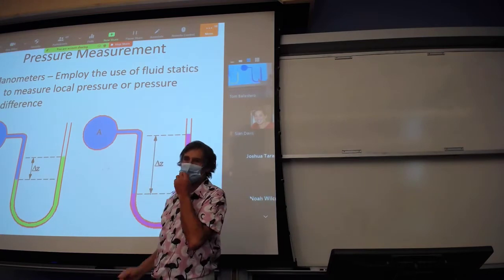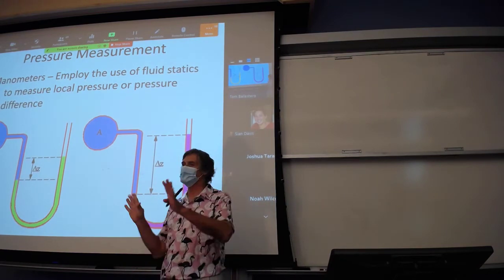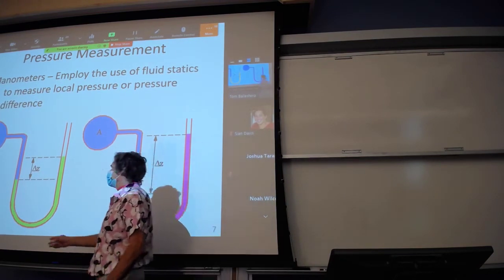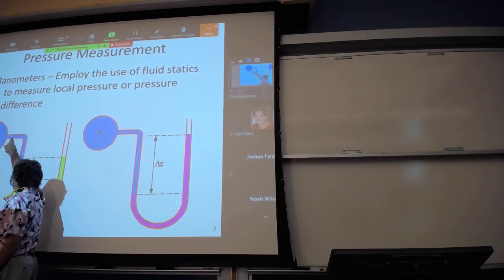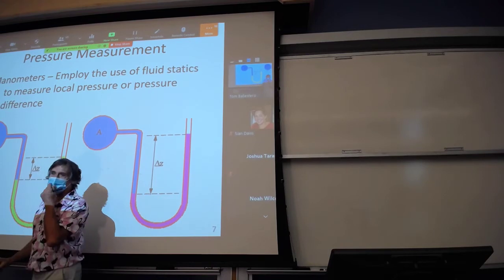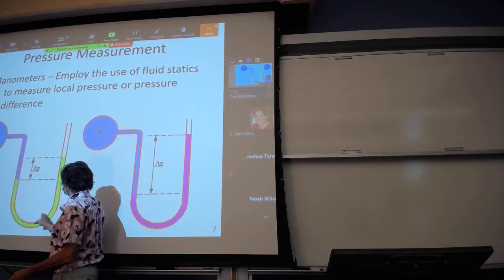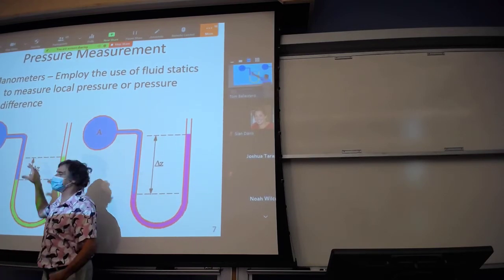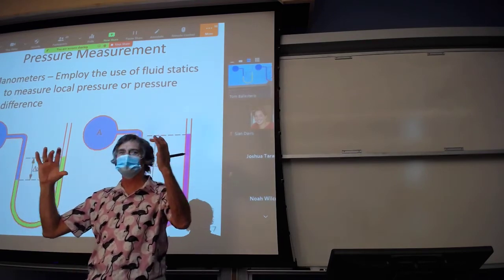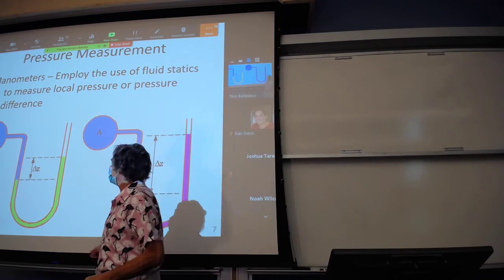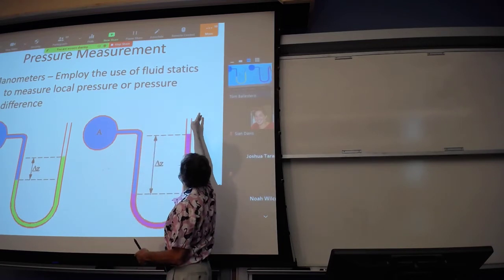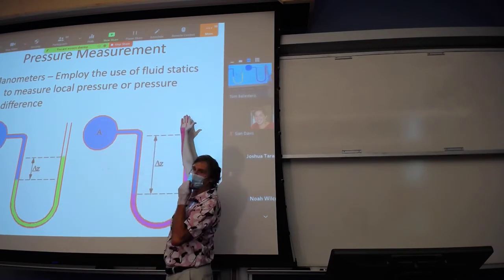Another type of manometer might look like this. And we're going to be playing around with these, but think of this as the cross-section of the pipe. And what you can have is either one simple fluid or the fluid in the pipe and another fluid out here. And what we're using is a column of liquid to represent the pressure in the pipe. Not uncommonly, we could have another cross-section of pipe over here.